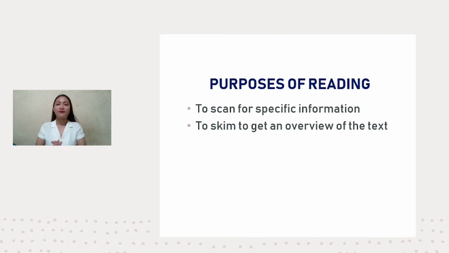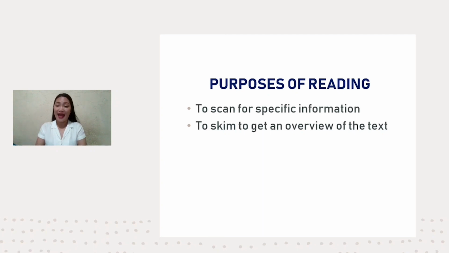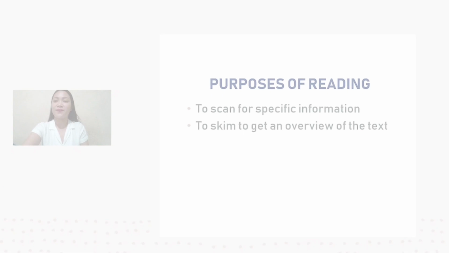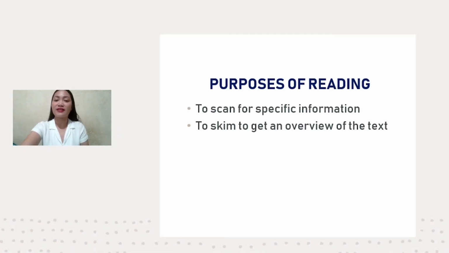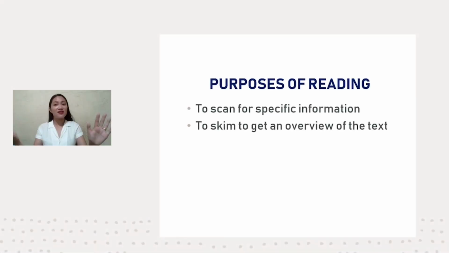For example, I am reading an English book and I want to look for the definition of noun. What I would do is scan the English book and look for the topic noun. Now, what is skimming? Skimming is done to get the overview of the text.